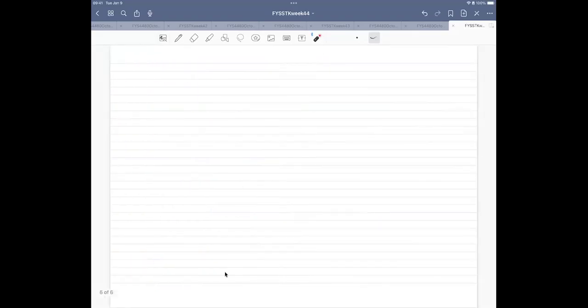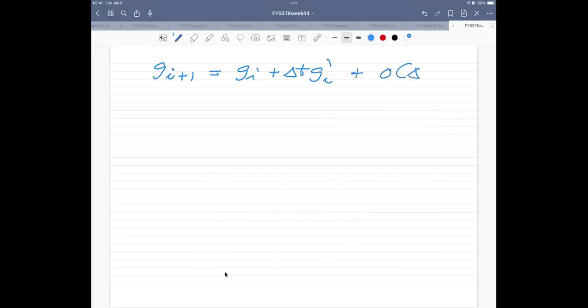So when we rewrite it, we get that g of i plus 1 is equal to g of i plus delta t times the derivative of g of i, and then we have the higher order terms of delta t squared. The standard approximation is to skip the higher order terms.